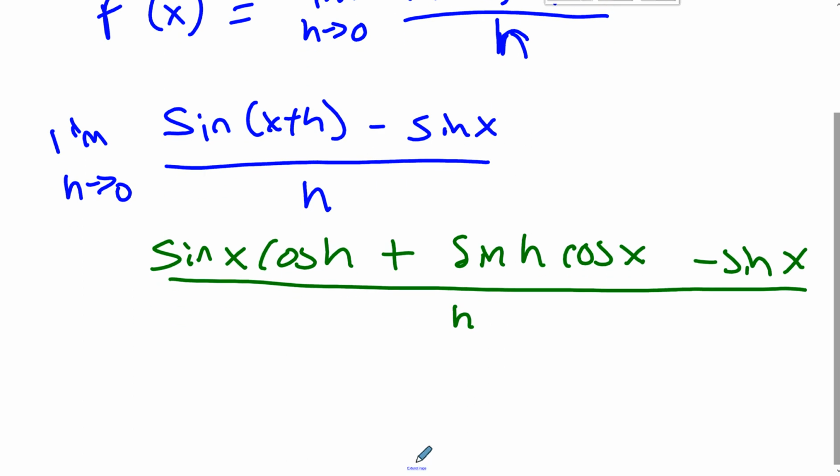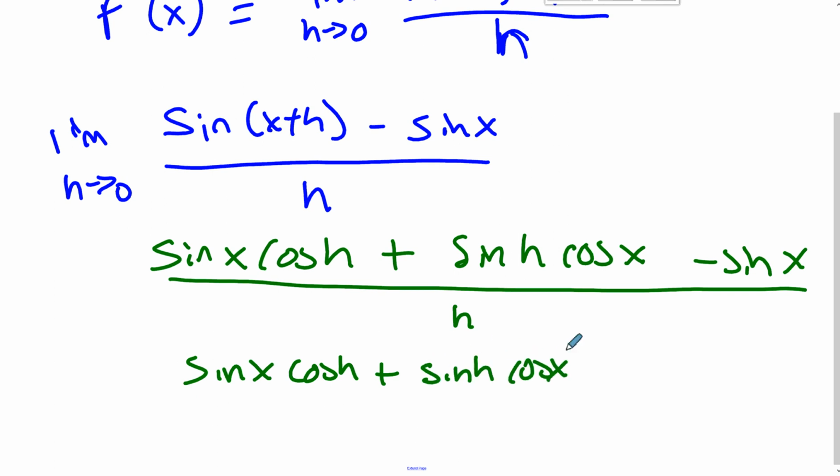Then we separate this into 2 separate fractions, and we put our sine x's together. So negative sine x, because then we can factor out a sine x.